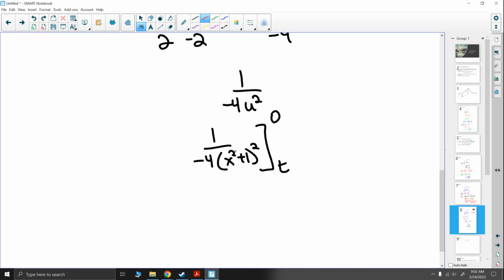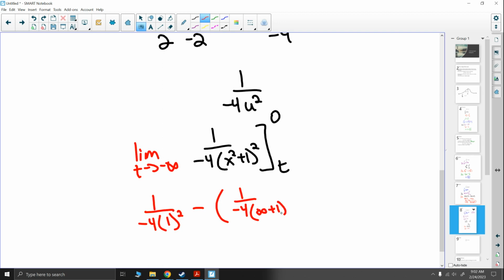Okay, so we're going to plug in our 0, but again, keep in mind that we're taking the limit as t approaches negative infinity here. So plugging in 0, we have 1 over negative 4 times 0 squared plus 1, which is 1 squared, minus 1 over negative 4 times negative infinity squared, which is infinity, plus 1 squared.